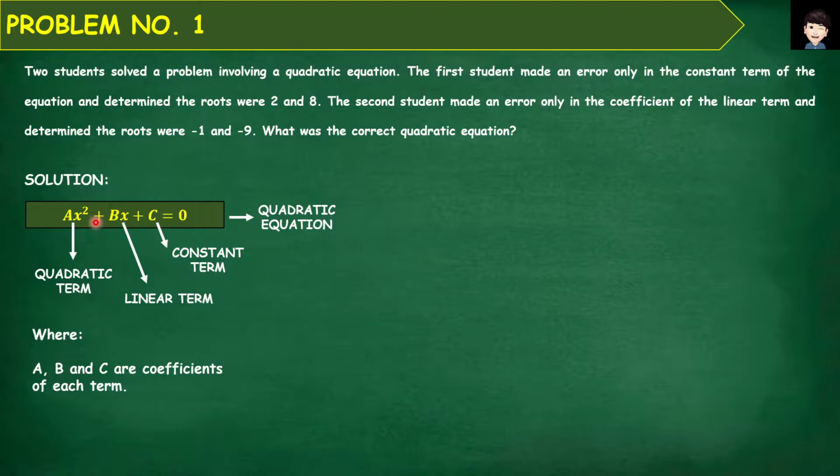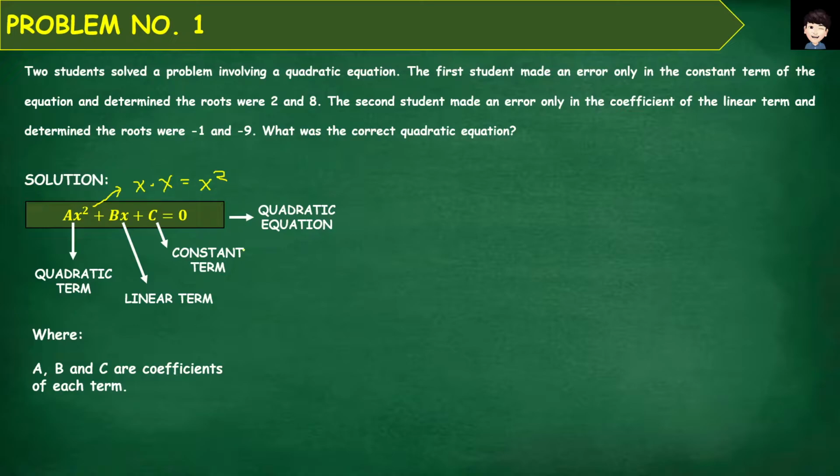Kaya kung mapapansin nyo sa problem, yung first student may roots na 2 and 8. Then second student may -1 and -9. So ito yun. A, x for first root, then times x for second root equals x squared. Parang yan lang yung nagiging palatandaan para sa quadratic equation.